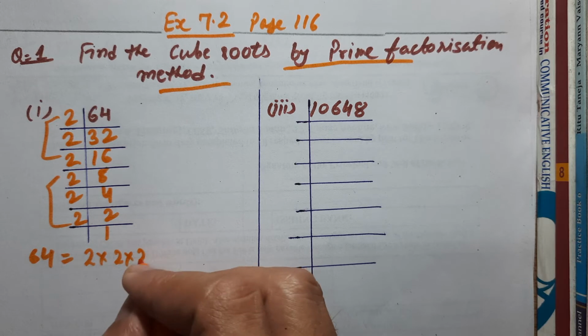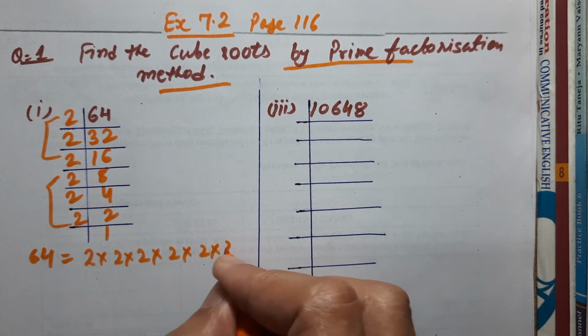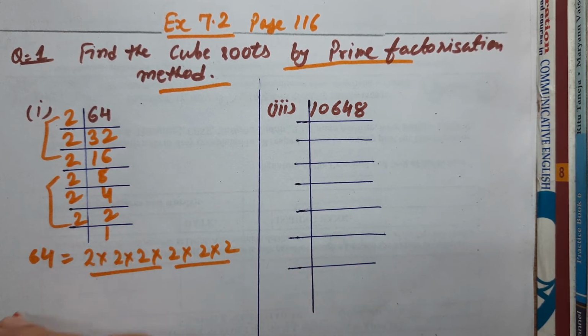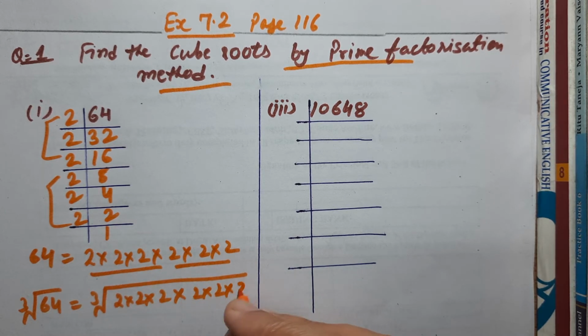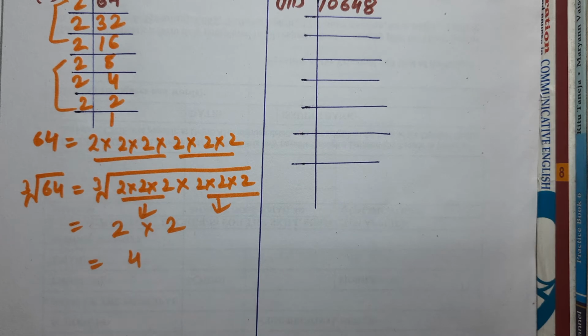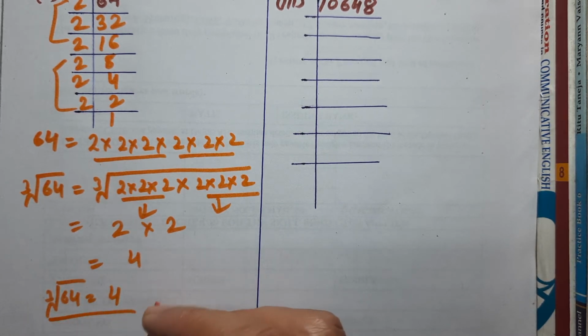Its prime factors are like this. Taking the cube root sign, the cube root of 64 is the cube root of the whole term. Now make pairs of triplets. Clear? So take one 2 common from each, one 2 common. 2 into 2 is equal to 4. So the cube root of 64 is 2 into 2, which is 4. That will be our answer.